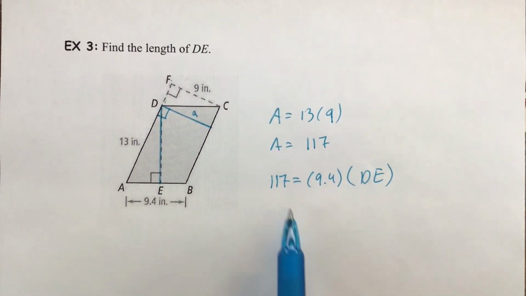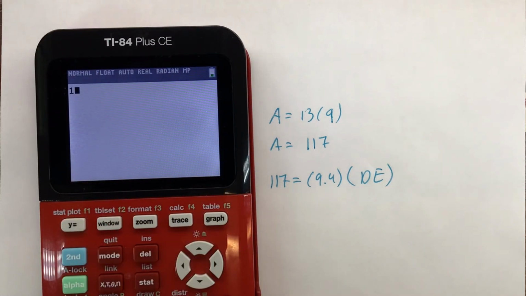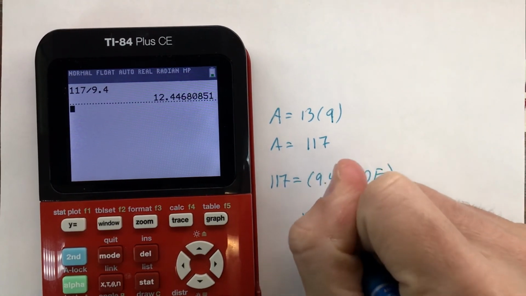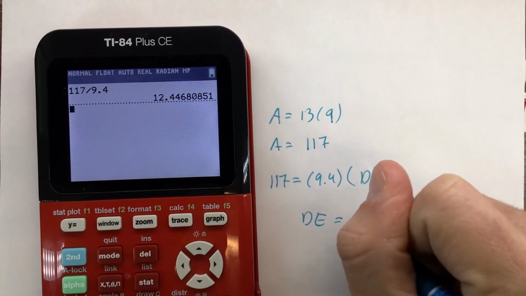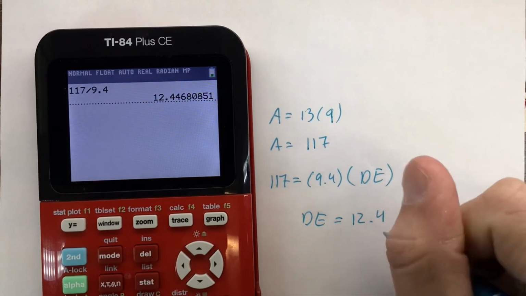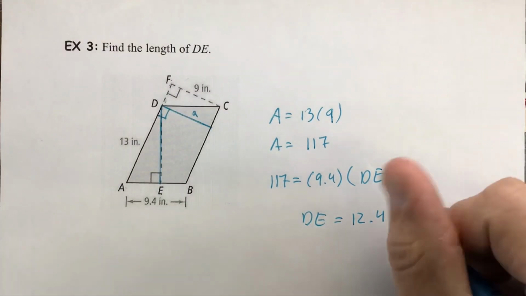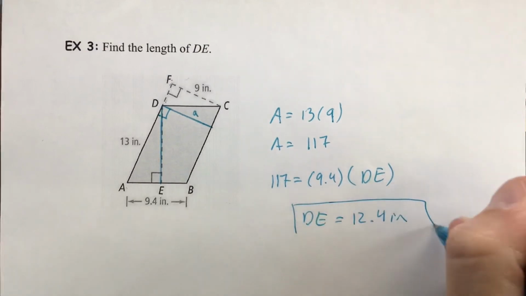And to solve this, we just divide 117 by 9.4. And we get that DE is about 12 point, we'll just go with 4, since that was 1 decimal. We'll go with 4. Units would be inches.